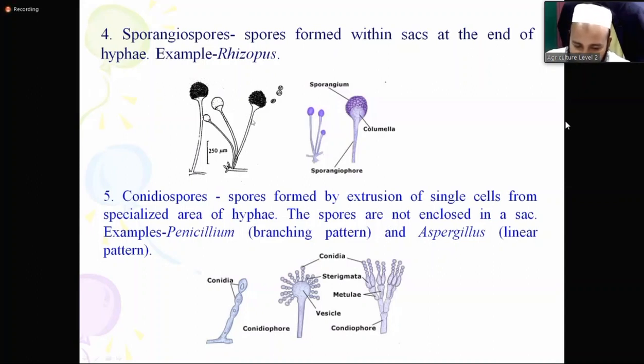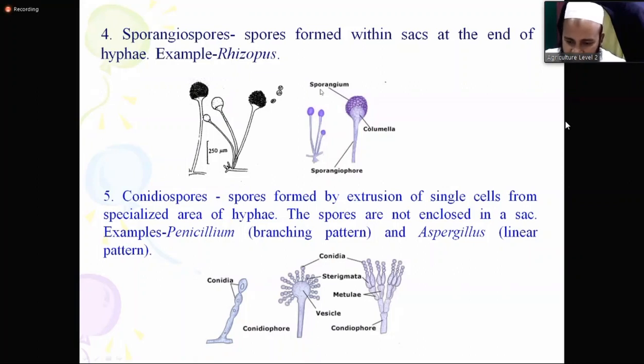A special hypha, of course, not a vegetative hypha. At the tip of the hypha there is a sac, and spores form in this sac. This sac is called sporangium. Do you remember? I told you, sporangium.